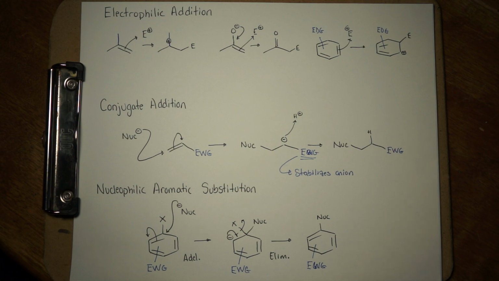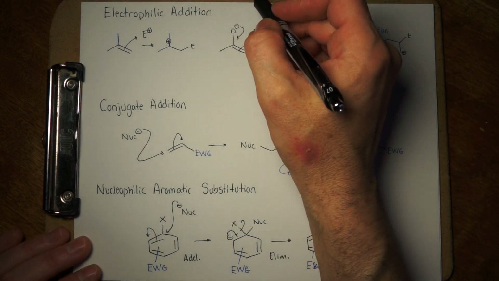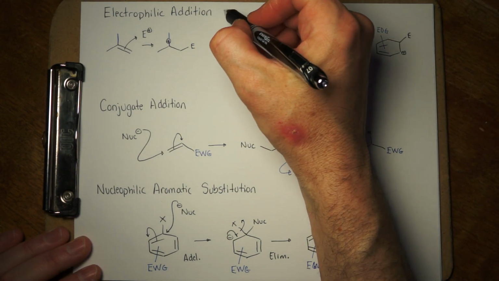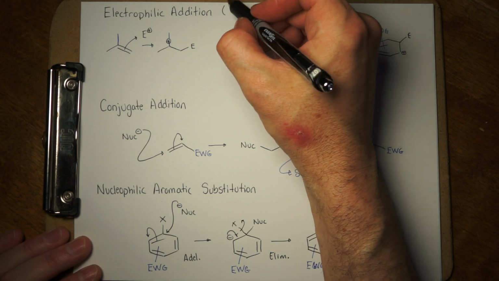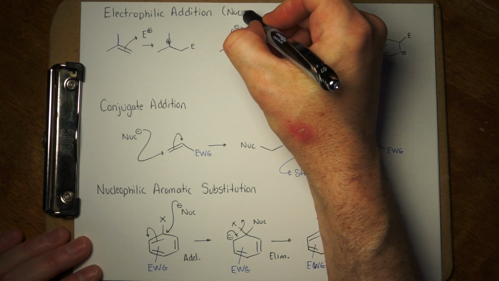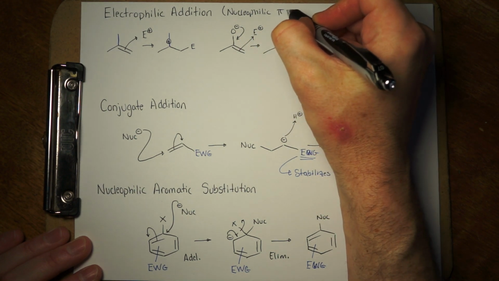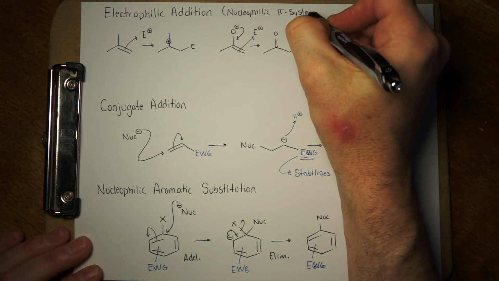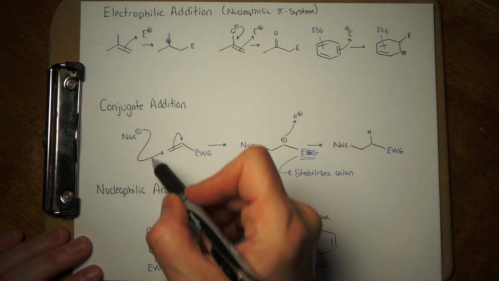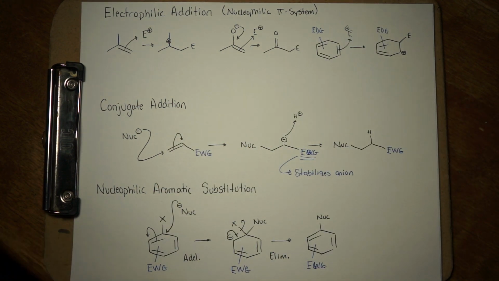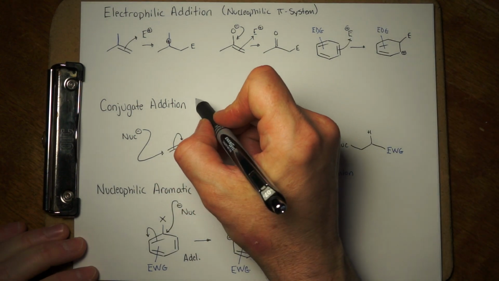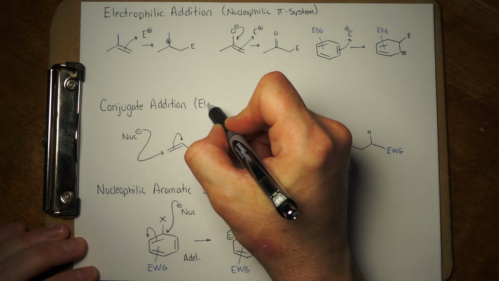Right? So again, if we think about these three reactions or these three processes, electrophilic addition, in this case, we are going to have nucleophilic pi systems. Whereas in these two new reactions, conjugate addition and nucleophilic aromatic substitution, these are going to be electrophilic pi systems.